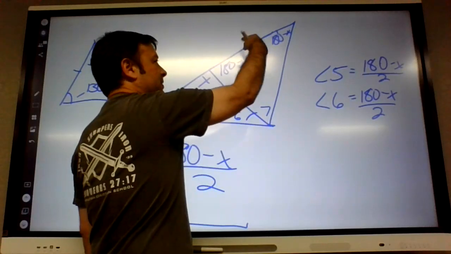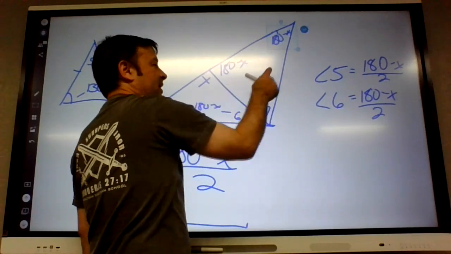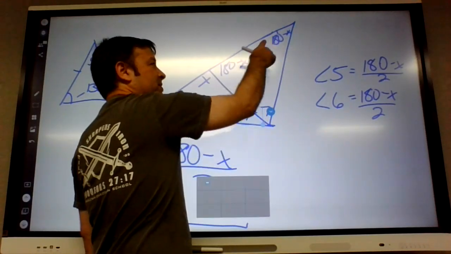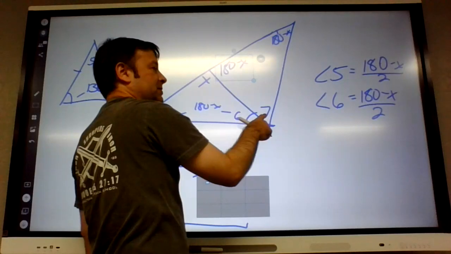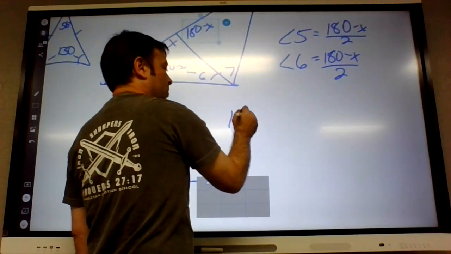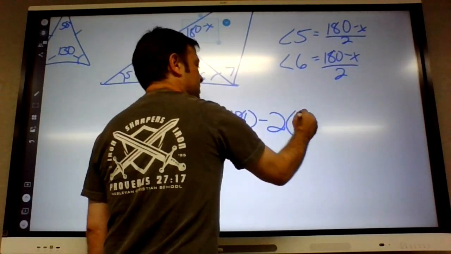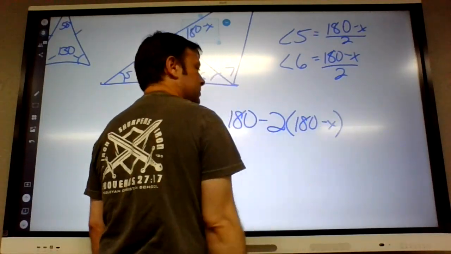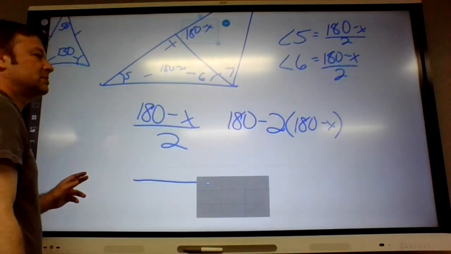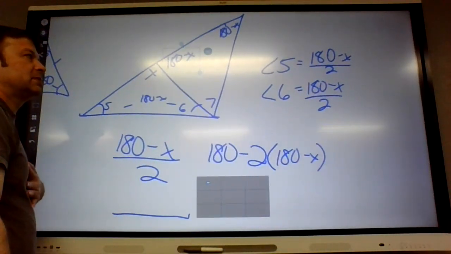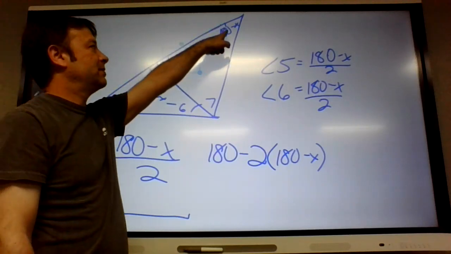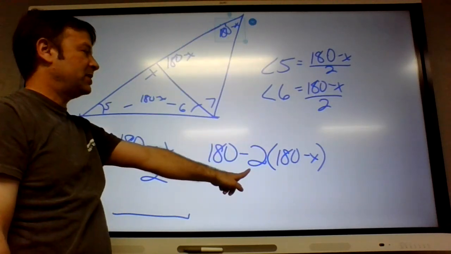Okay. These three have to add up to 180. So 180 minus these two would give us this. So one way to write it is 180 minus 2 times 180 minus X. Or you could add these together and subtract it from 180.